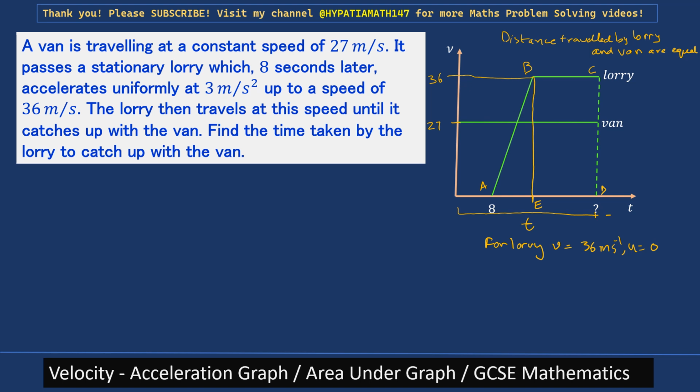The time taken we don't know, but we do know the acceleration a is 3 meters per second squared. So we can write v minus u over a equals t. We replace v and u with the values: 36 minus 0 over 3 equals t. So t is 36 divided by 3, that is 12.